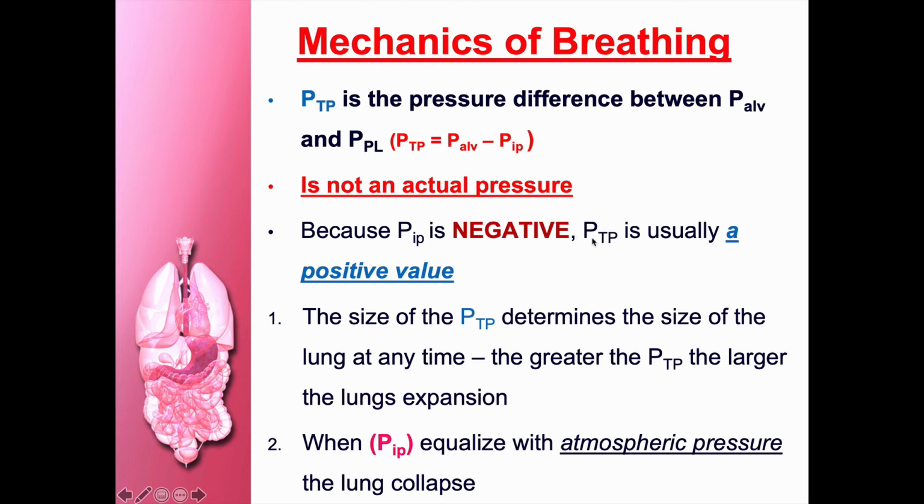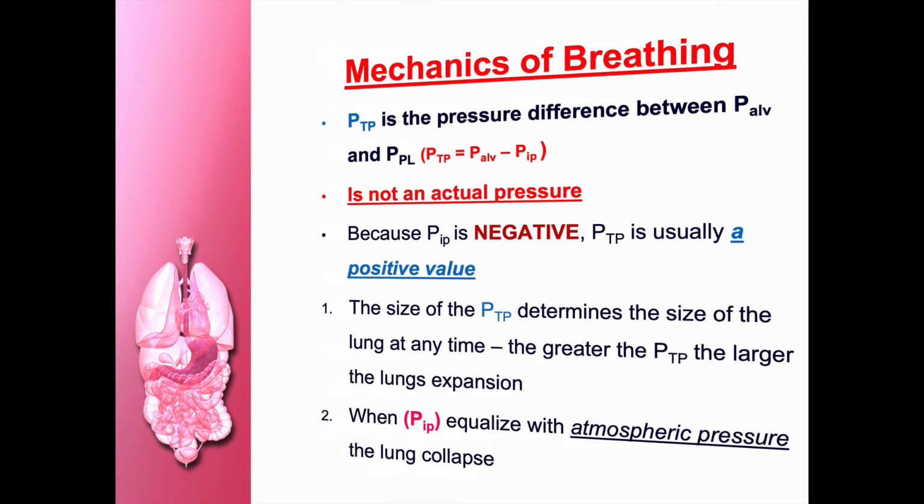The TP is usually a positive value. The transpulmonary pressure determines the size of the lung at any time. The greater the pressure, the larger the lung will expand. If the intrapleural pressure equalizes with atmospheric pressure, the lung will collapse. So make sure that negative pressure is always maintained in the pleural space.